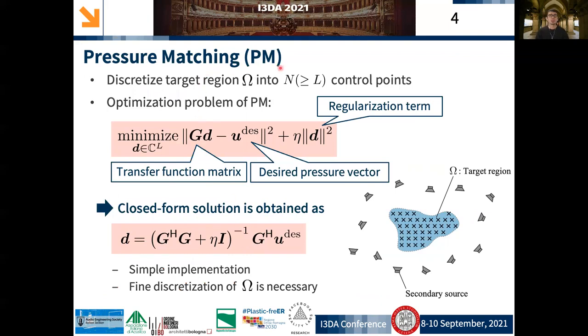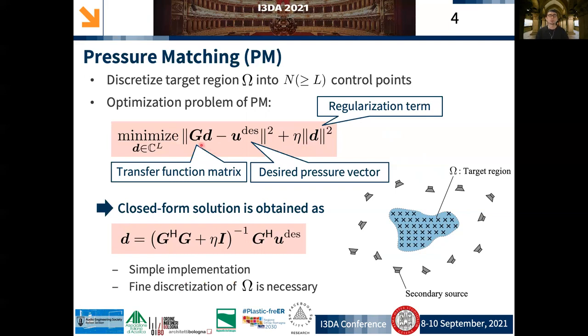Pressure matching, PM, is a widely used sound field reproduction method in practice. First, the target region omega is discretized into n control points, as in this figure. Then, the previous optimization problem is approximated as a simple linear least squares problem.